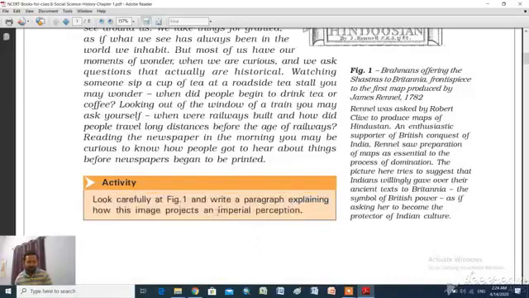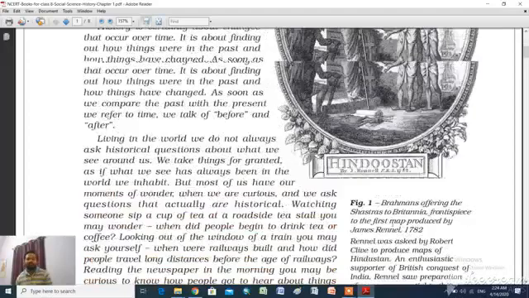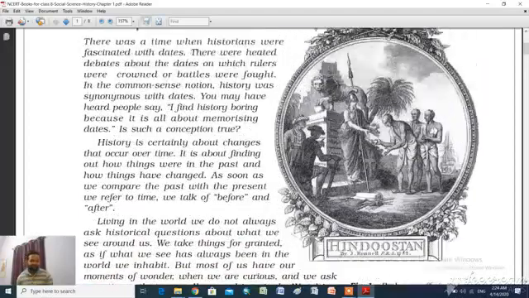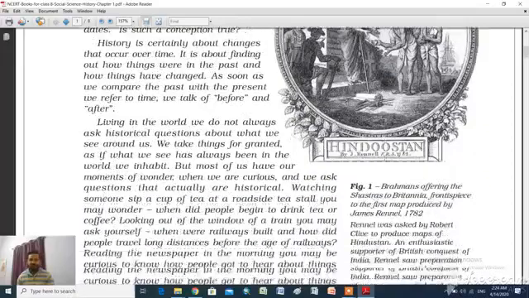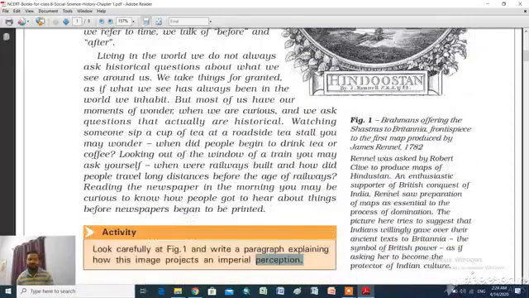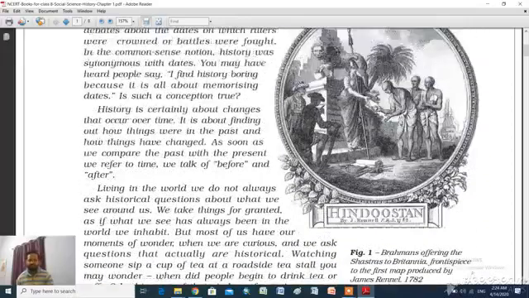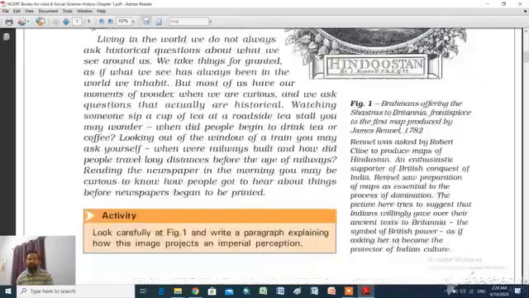What is imperial? Imperial means anything related to the royal family, the royal British family, the British kingdom, like Elizabeth, etc. Perception means thought. So from this image we can imagine that the Indians bow down to the British goddess and transfer their knowledge.